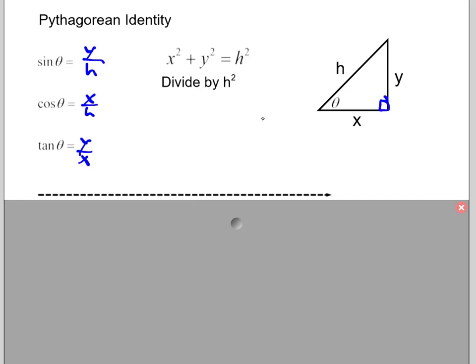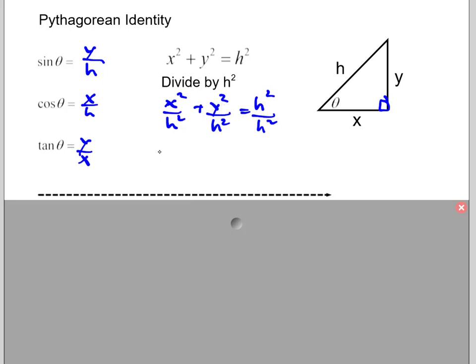And now I'm going to do something a little bit radical. And this is where math proofs are kind of fun to watch because they're very creative. I'm going to divide everything by h squared. So if I write x squared over h squared plus y squared over h squared and h squared over h squared, so as long as I've done the same operation to both sides, I'm maintaining equality.